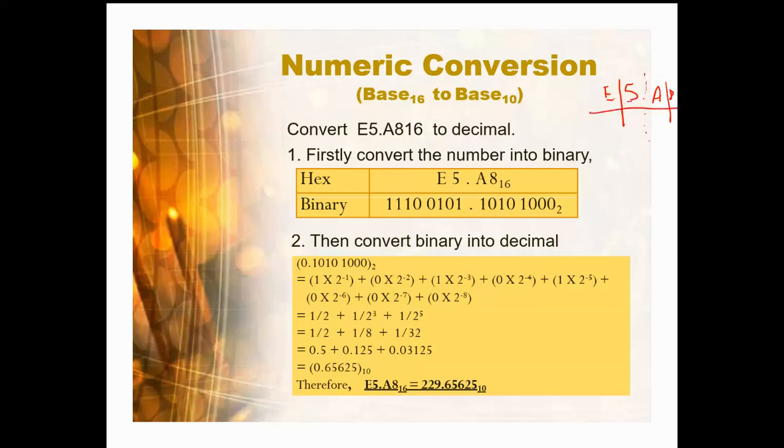So 5 is a base 16, all of these are base 16. So you convert it to binary. So you can convert using 1, 2, 4, 8.